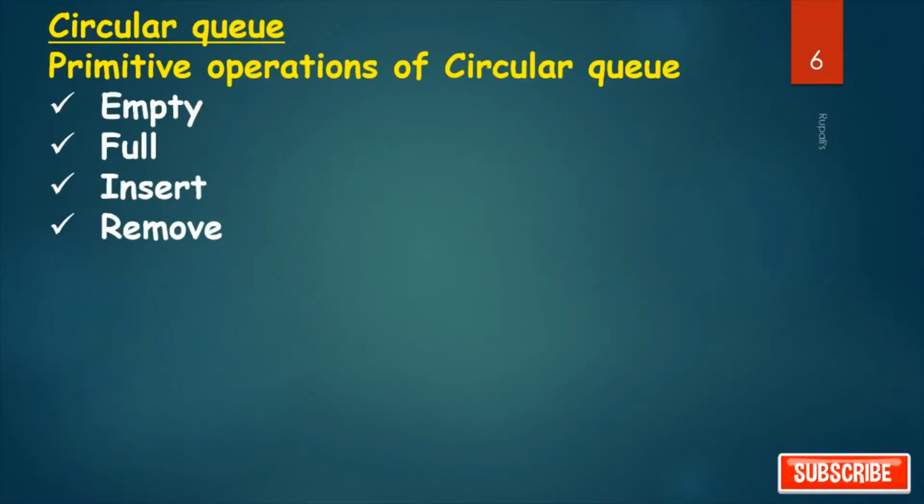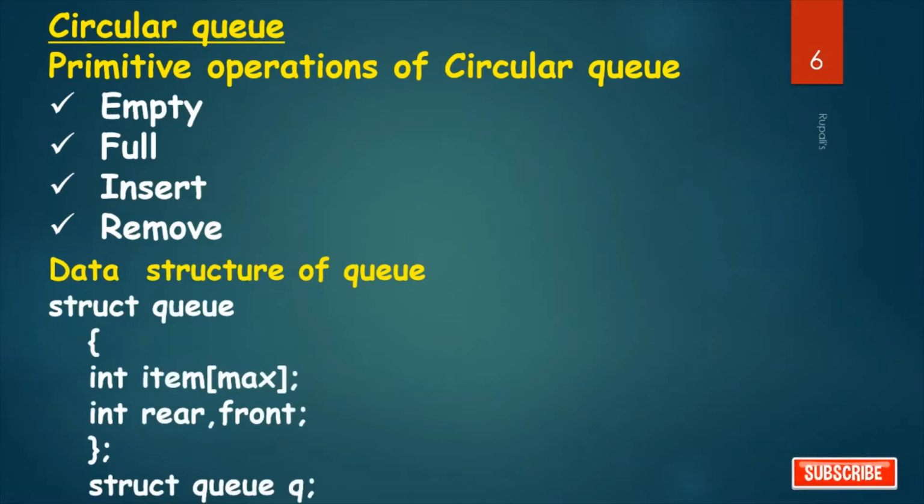Primitive operations of the circular queue. First, empty, to check whether our queue is empty or not. Full, to check whether our queue is full or not. Insert, to insert an element into the queue. Remove, to remove or delete an element from the queue. What is the data structure of the queue? The data structure of the circular queue is the same as that of the linear queue.